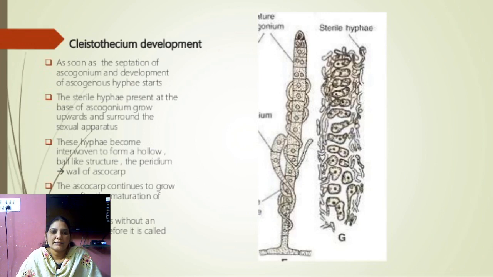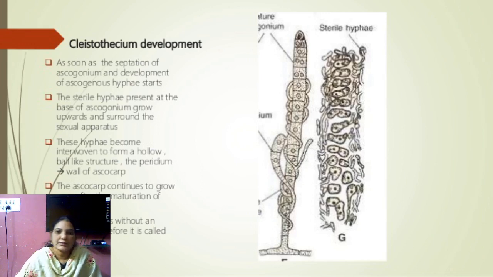Then again it undergoes mitotic division and becomes 8 haploid nuclei. These 8 haploid nuclei are called ascospores. So each ascus has 8 ascospores.